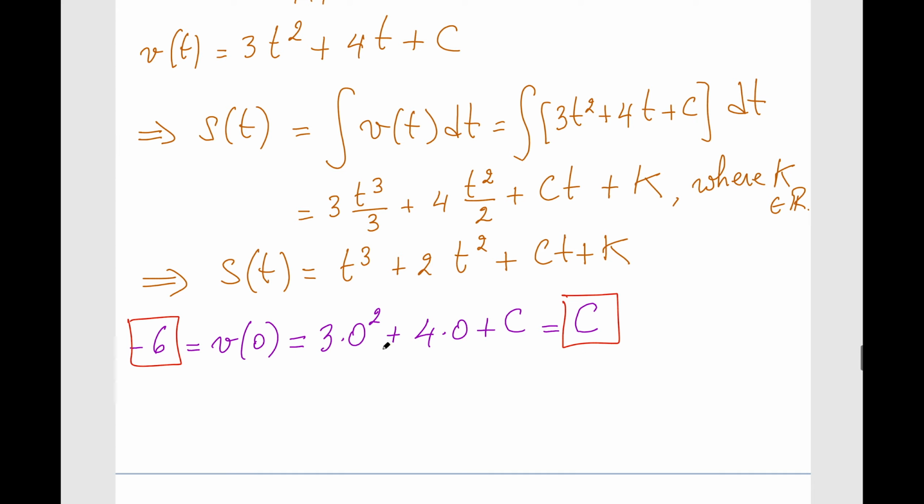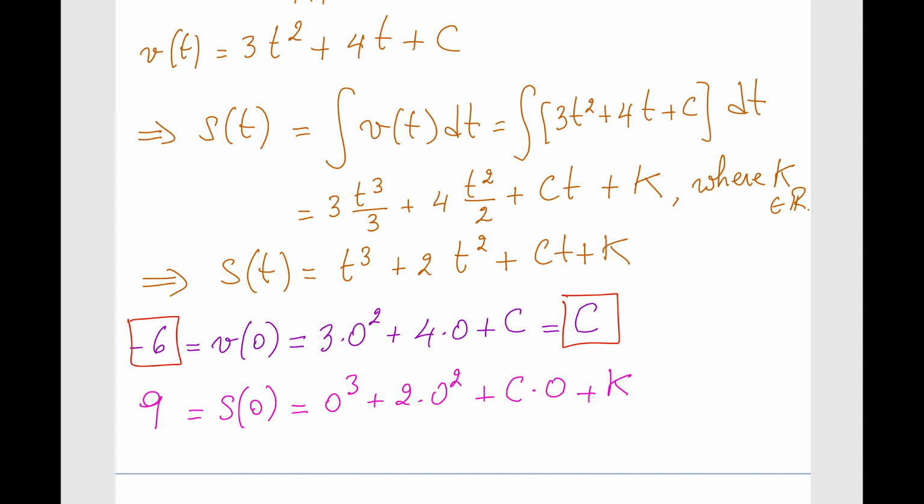All right, now down to k. They told us that s(0) is equal to 9. Am I correct? s(0) is equal to 9. This is what they told us above. What's s(t)? s(t) is this polynomial. What's s(0)? It's 0 cubed plus 2 times 0 squared plus the c, which is -6, but still times 0, plus k.